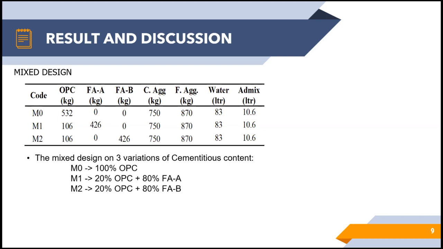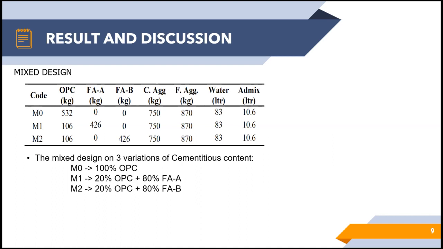Okay, for the results and discussion. So we made the mix design. We can see it on the table. The codes are M0, M1, and M2. M0 uses 100% OPC, or 100% cement. Only cement 100%.